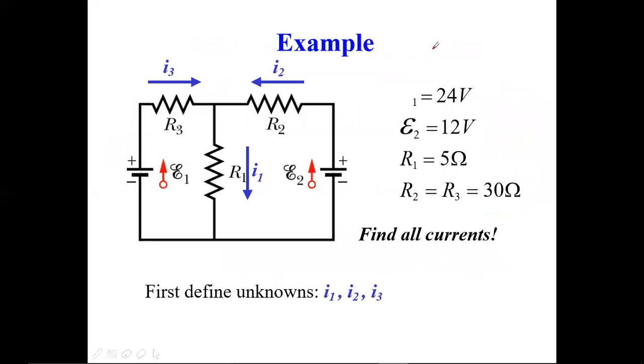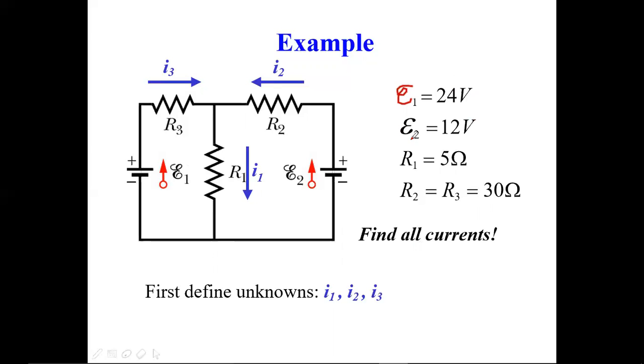So let me solve a small problem. Here I have two batteries, E1 and E2. E1 is 24 volts.